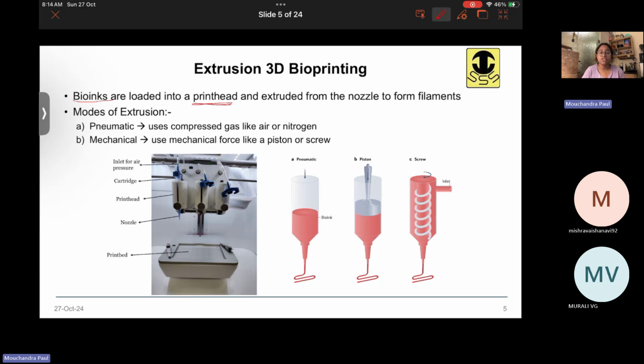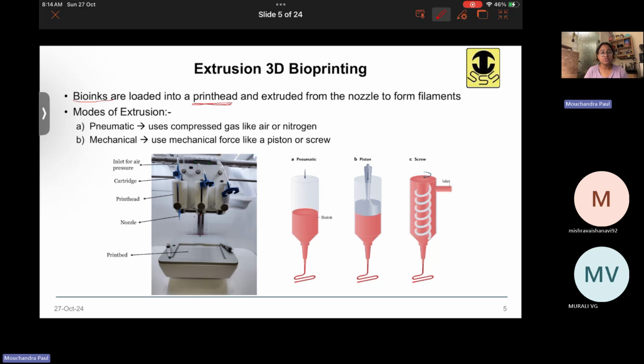The G code will dictate the movement of the print head in the XYZ direction, and as it is moving, the bioink is simultaneously extruded in the form of filaments, and layer by layer we get a 3D structure. That is the process of extrusion.